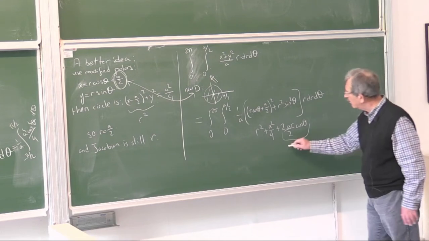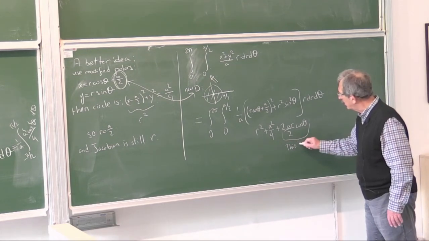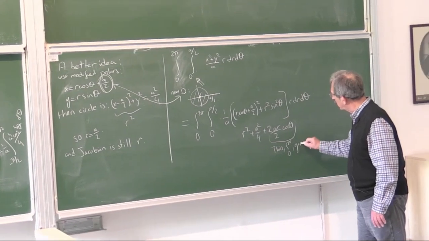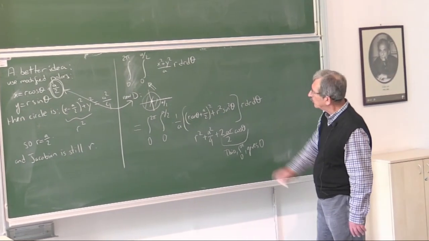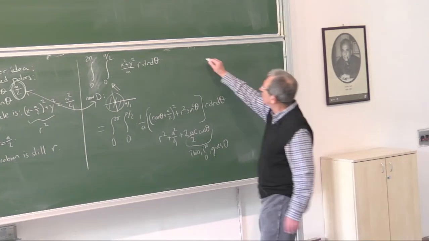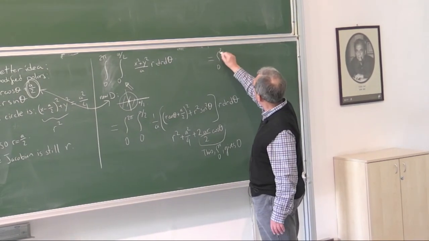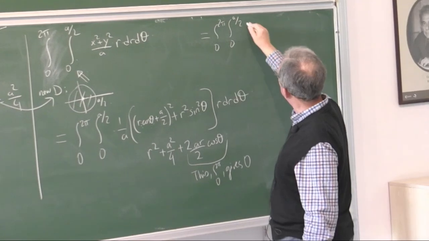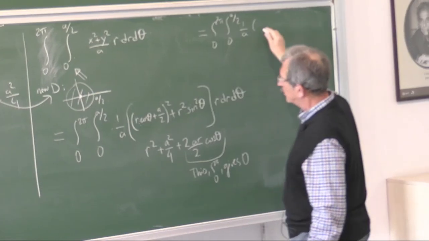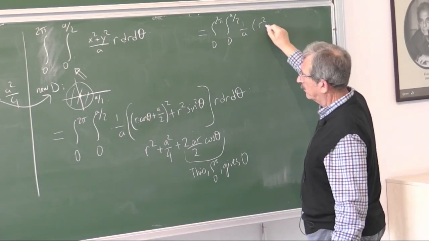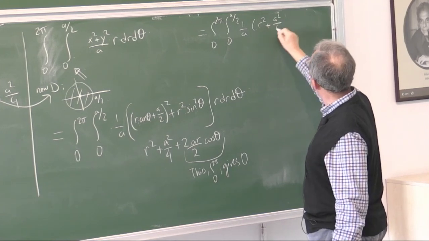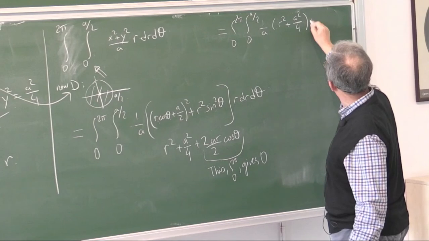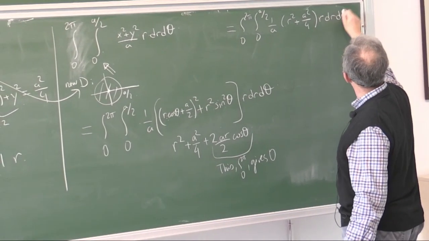So this term, 0 to 2 pi, gives 0. So we don't have that term. So the whole thing is 0 to 2 pi, 0 to a over 2, 1 over a, r squared plus a squared over 4, times r, the r d theta.